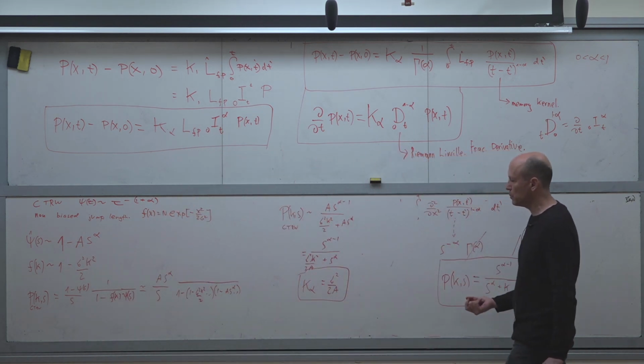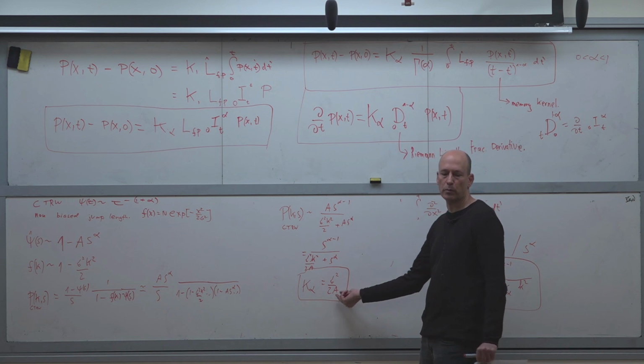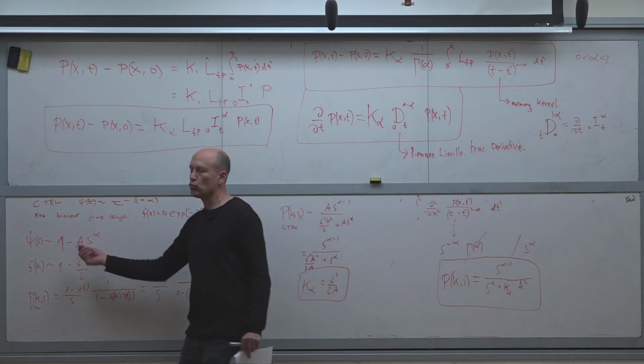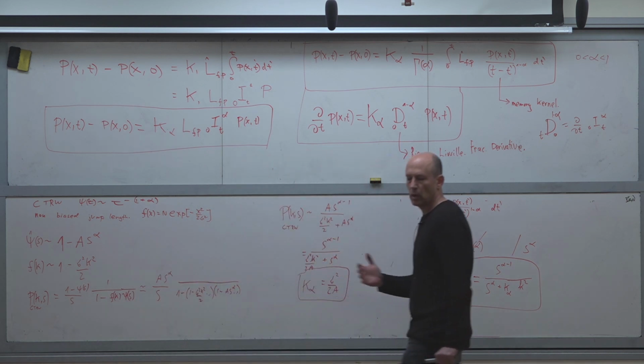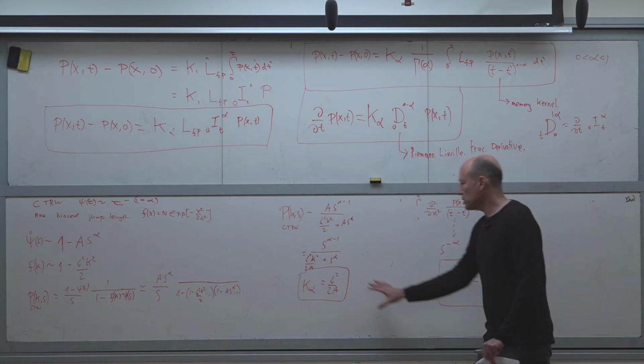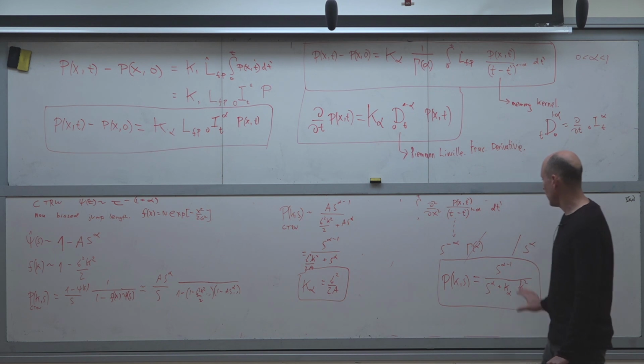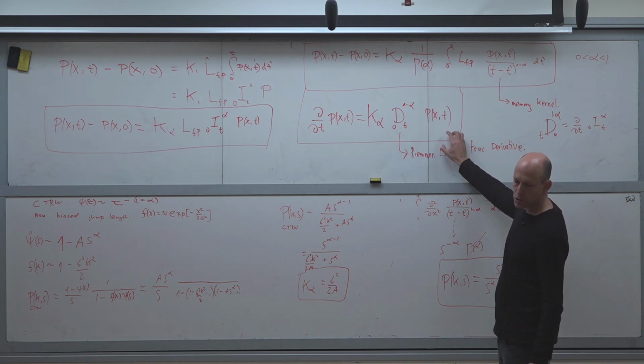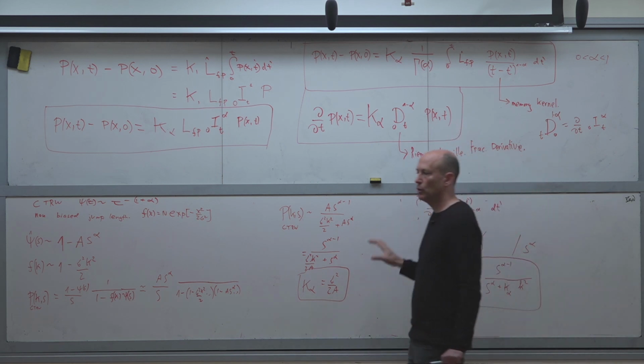It replaces, in some sense, the mean time between jumps. And we know already that this a is controlling the dynamics in the long time limit. So this is a generalized Einstein relation, and this equation is the generalization of the fractional diffusion equation.